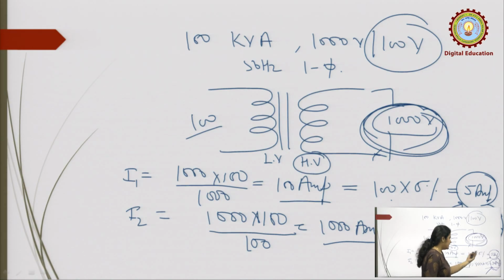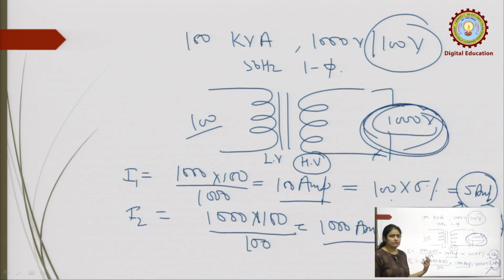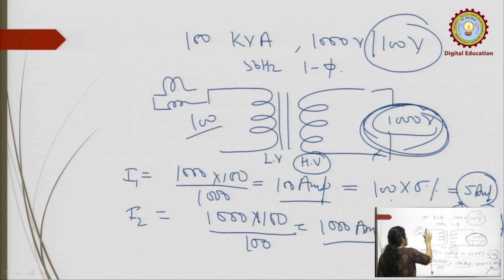Both current ranges are available in the laboratory, and if you are using a wattmeter, the current coil can carry this 5 ampere and 50 ampere, and that wattmeter is also available in the laboratory. So this is the reason why we always perform the open circuit test on the low voltage side.